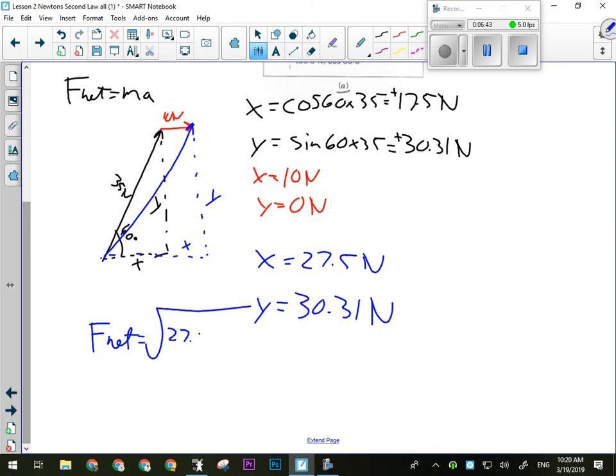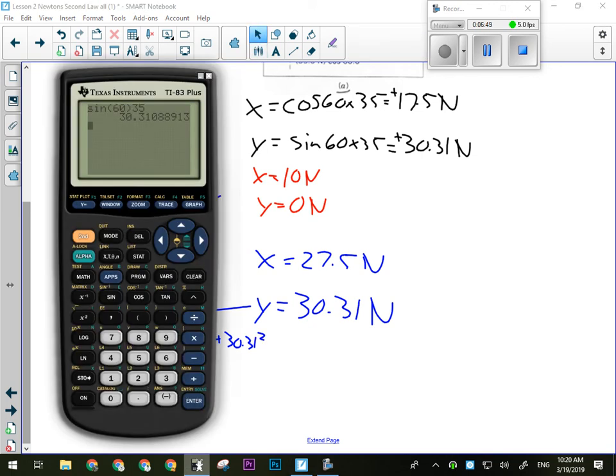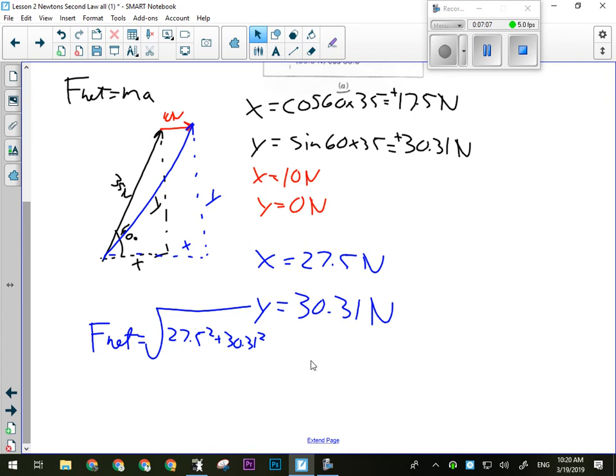It's 27.5 squared plus 30.31 squared. Not 28, 27 squared. So we're looking at 40.93 newtons.